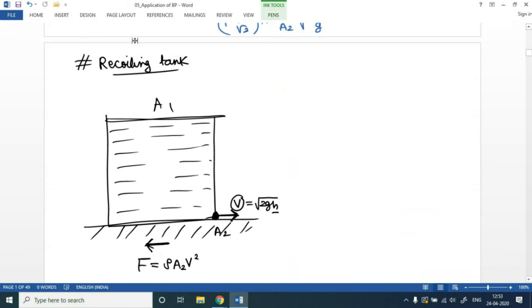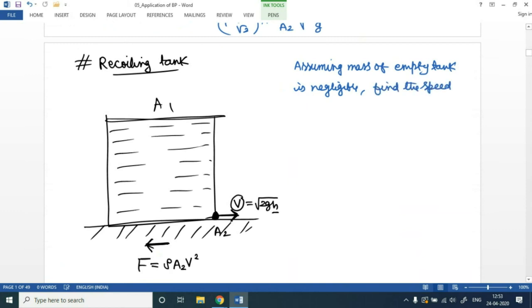The problem statement here is that, assuming the mass of the empty tank is negligible, we have to find the speed of the tank when it gets completely emptied.